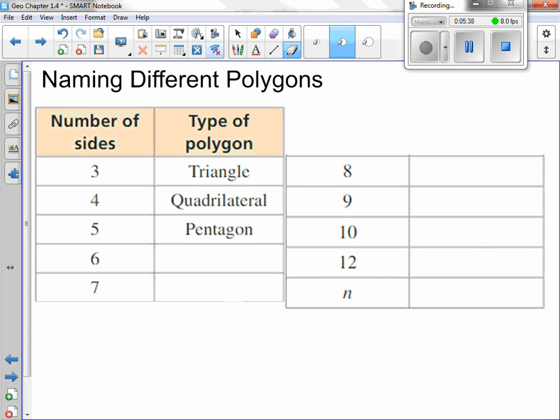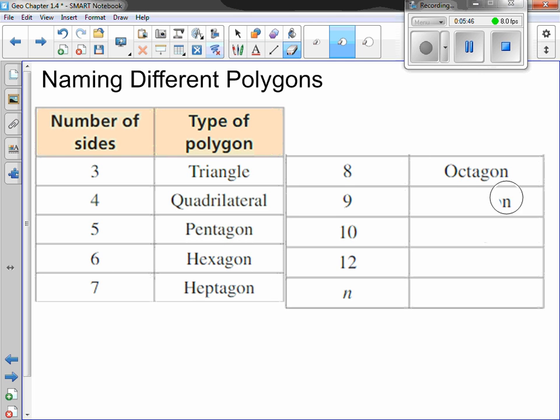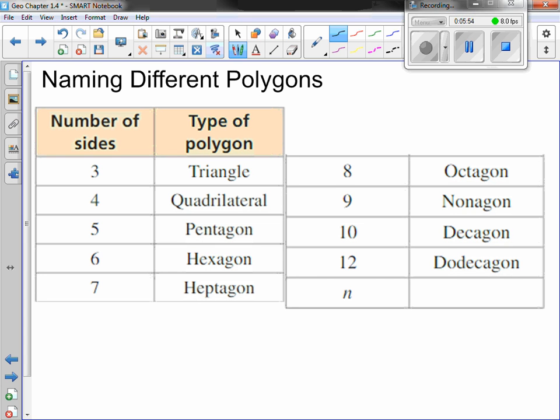Pentagon. 6 would be a, 7 is a, 12 is a dodecagon. 11 is an undecagon.